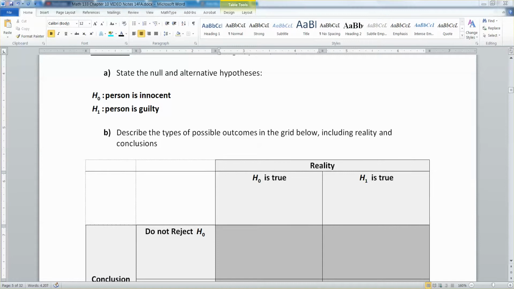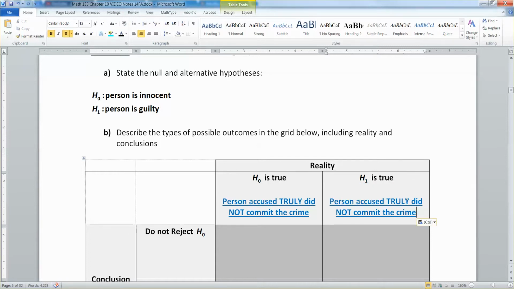The person accused truly did not commit the crime. Over here would be the alternative. And again, I'm somehow magically able to know the reality, which is the person truly did do the crime.